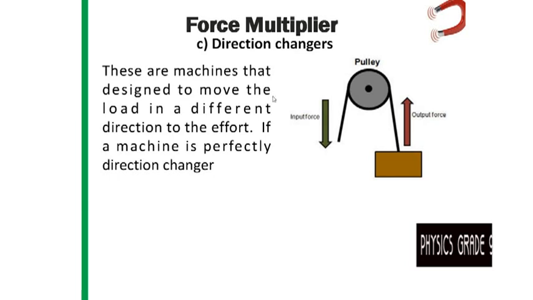So this type of system is called a direction changer. If we want to move the load in a different direction to the effort, then this would be an ideal way of doing it. So if a machine is a perfect direction changer, then the total input force will be transferred to the total output force without any loss of energy.